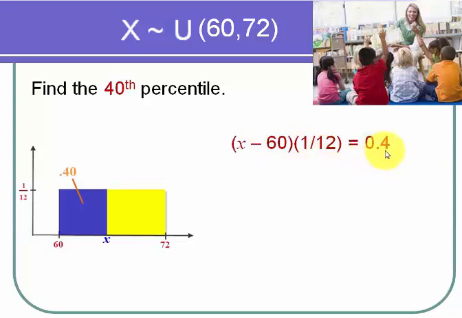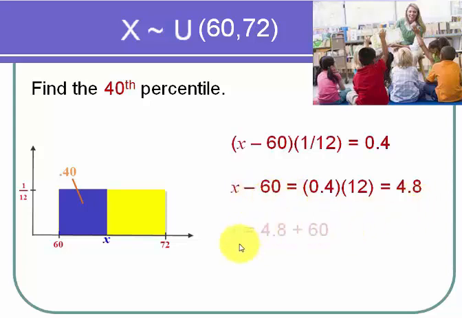Now I need a little bit of algebra. To get rid of this fraction, I multiply left and right by 12, and I get that x minus 60 is 0.4 times 12. And 0.4 times 12 is 4.8. Now I just add 60 to both sides, and I get that x is equal to 4.8 plus 60, so that x is equal to 64.8.